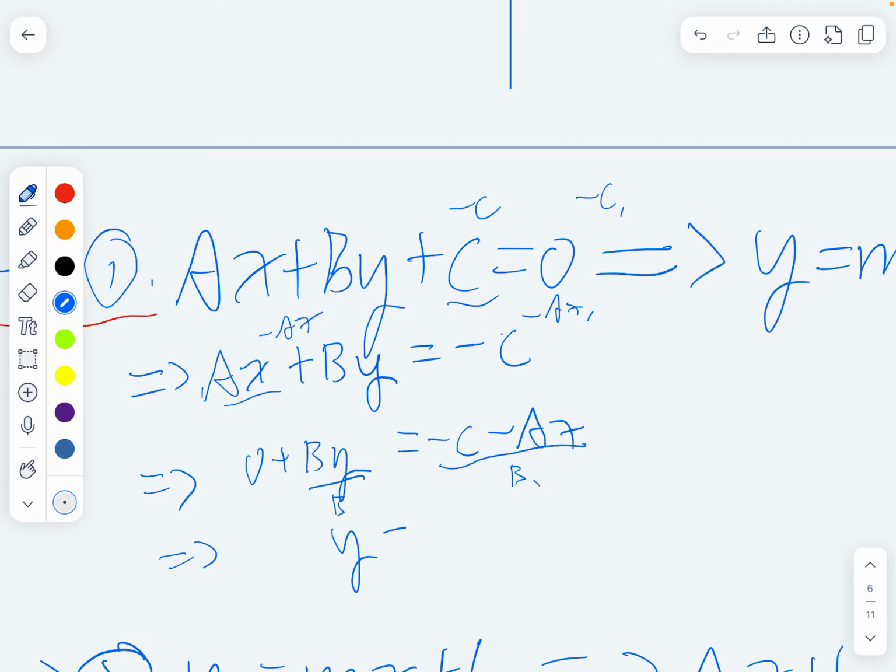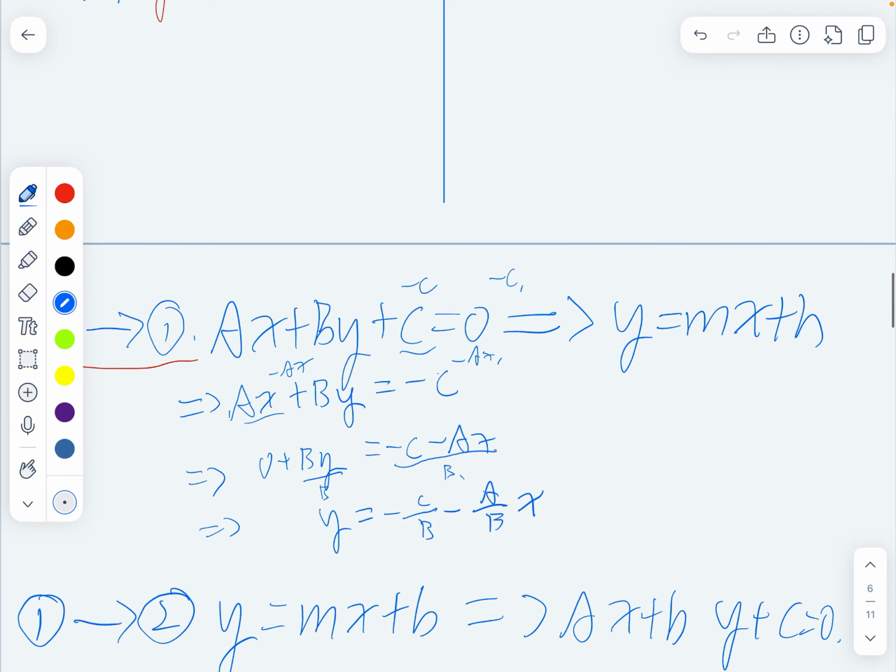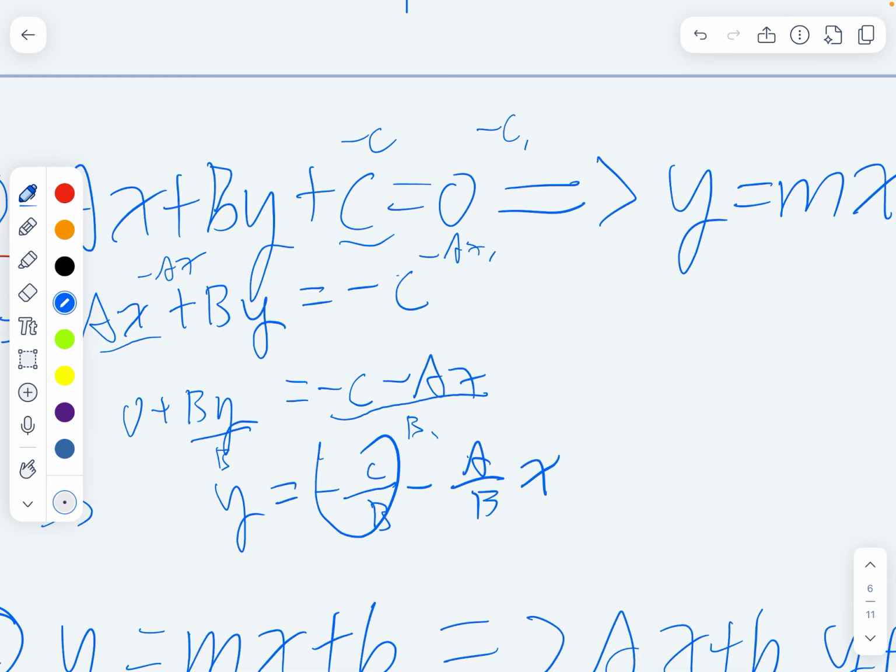We're gonna get y equals negative c over b minus a over b x. So there's a mistake here.